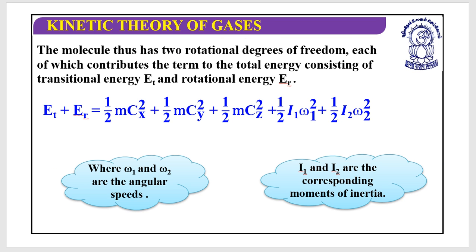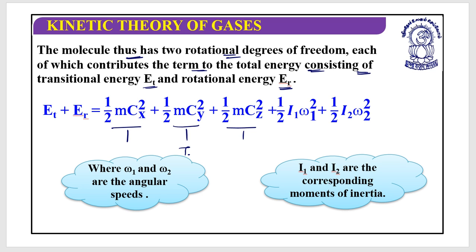Let's have a look. It says that the molecule is having 2 rotational degrees of freedom, each of which contributes a term to the total energy consisting of translational energy and rotational energy. So first, it has translational energy, that is half m cx square plus half m cy square plus half m cz square.